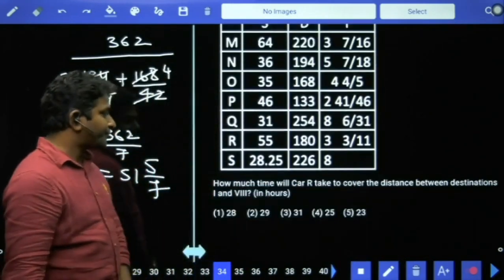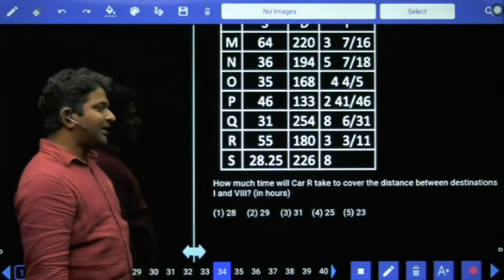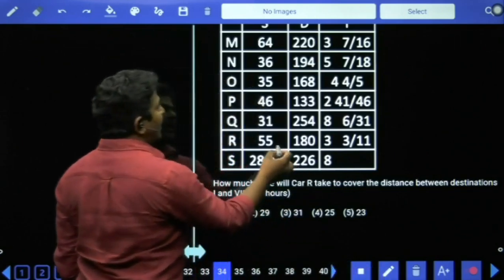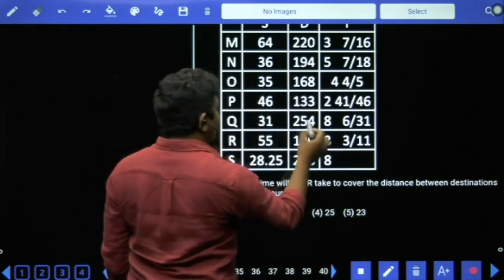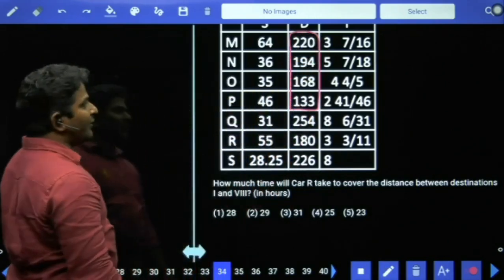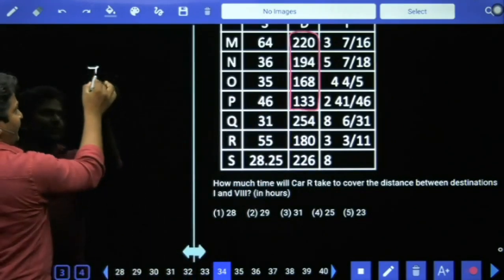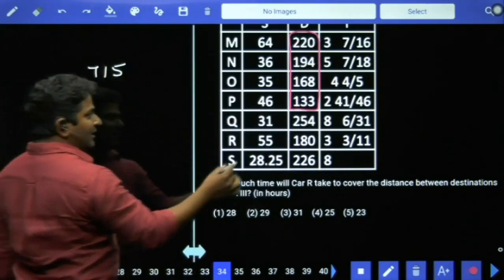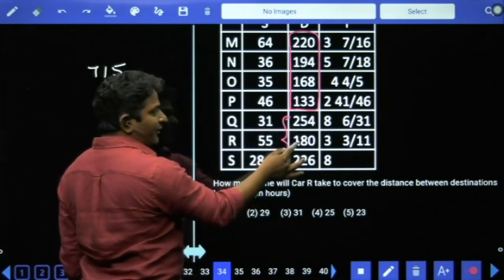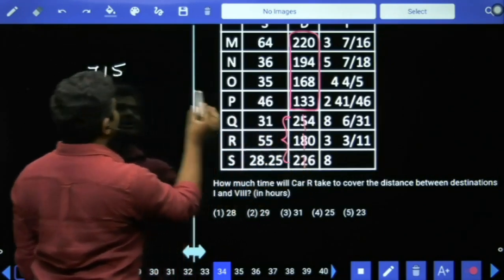Fourth option. How much time will car R take to cover the distance between destination 1 to 8? 1 to 8 in the sense sum of all the values. Already we calculated this value and we got it as 715, and to this we just need to add all the values: 200, 200, 100, 500, 80, 20, 600, 650, 660.